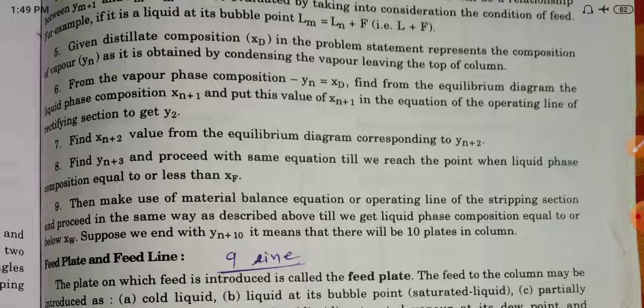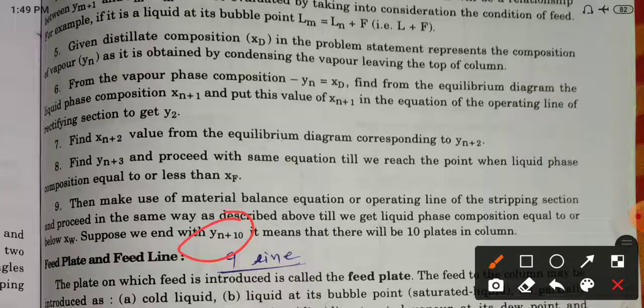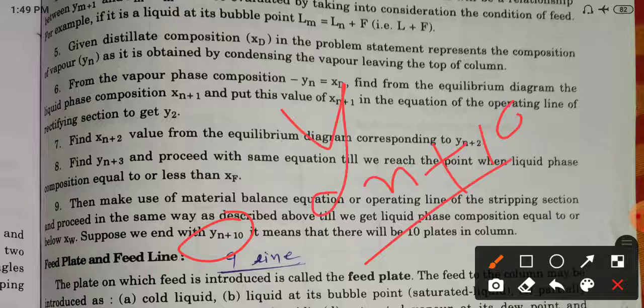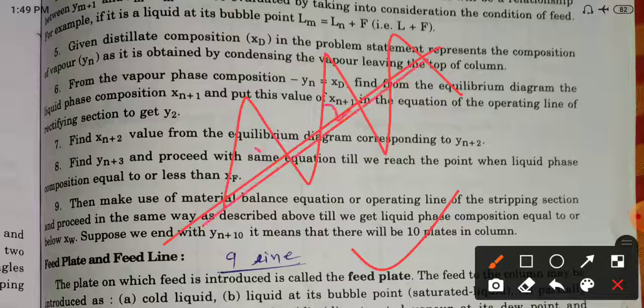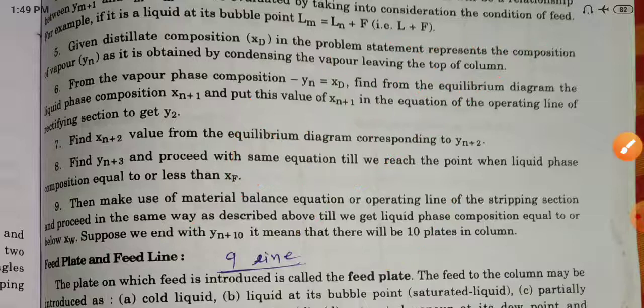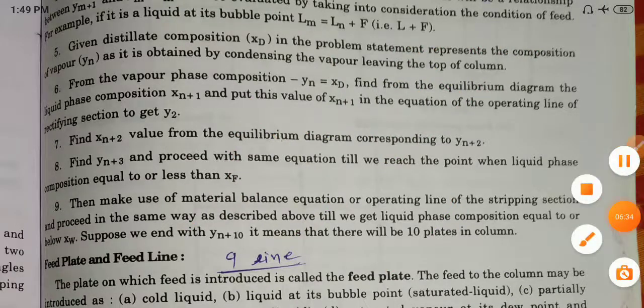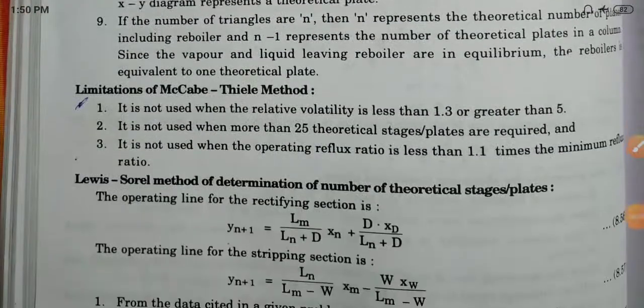Suppose we get yn plus 10; then by the end the last value is yn plus 10, which means 10 plates, so the total number of stages will be 10. This is a simple discussion of the limitations of the McCabe-Thiele method.